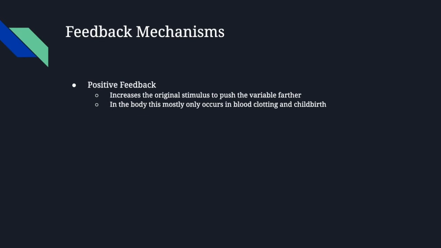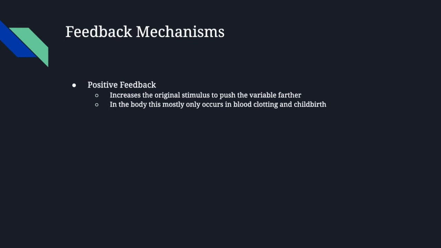For example, if you get a cut, you want that cut to be clotted. You want to stop the bleeding there. Normally, if you don't have a cut, you don't want your blood to clot, because a blood clot is not a good thing unless there is bleeding actually happening.